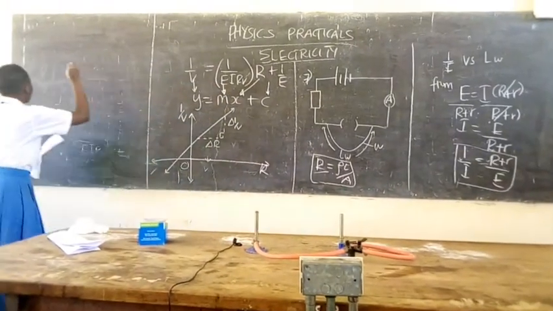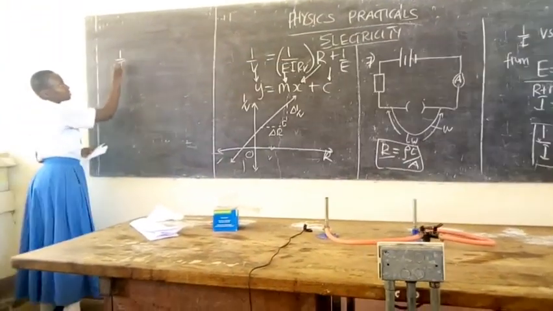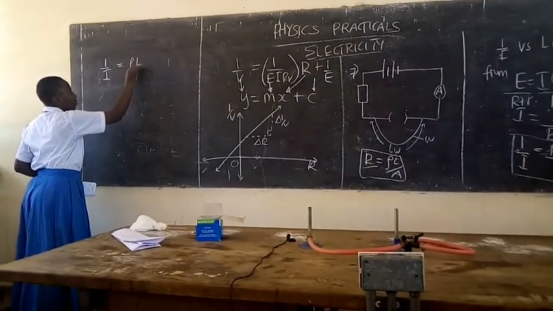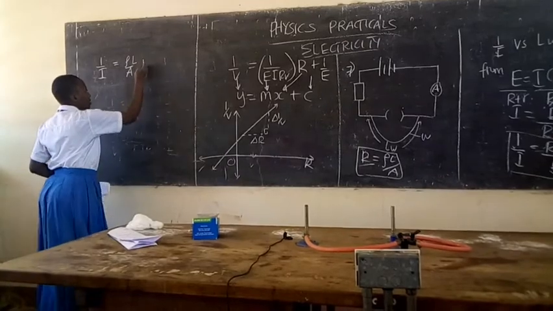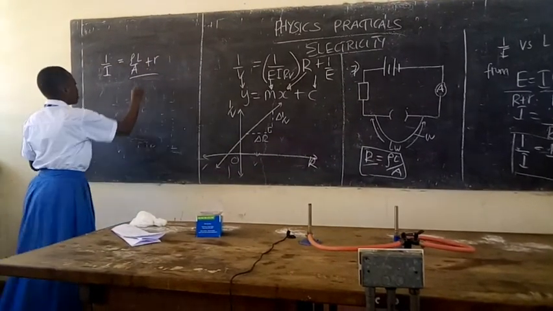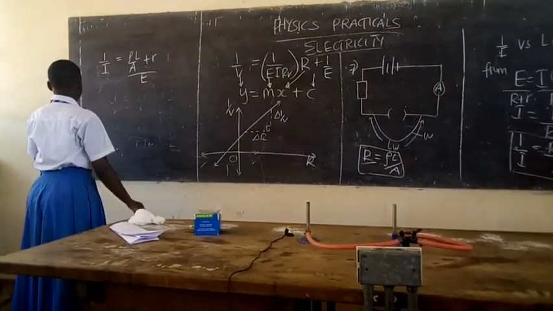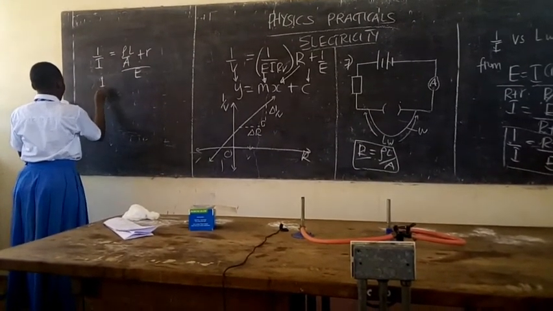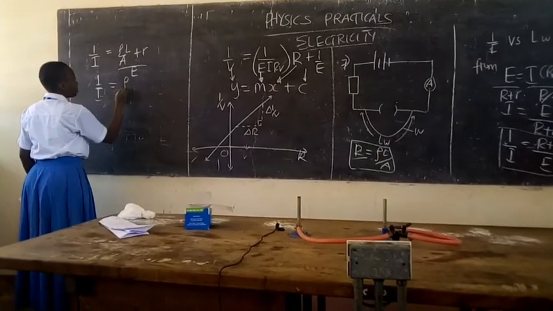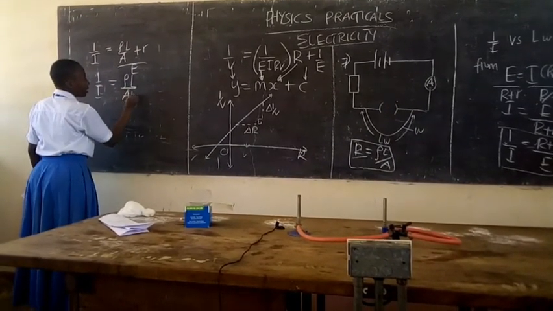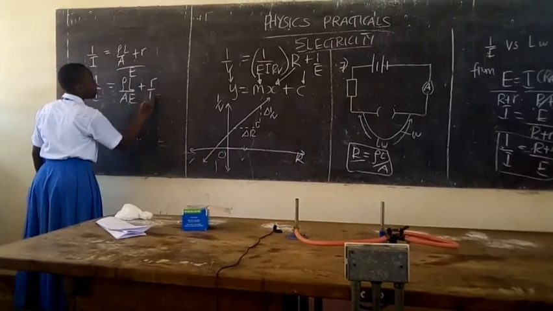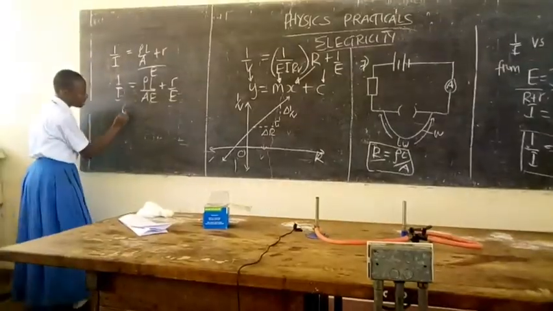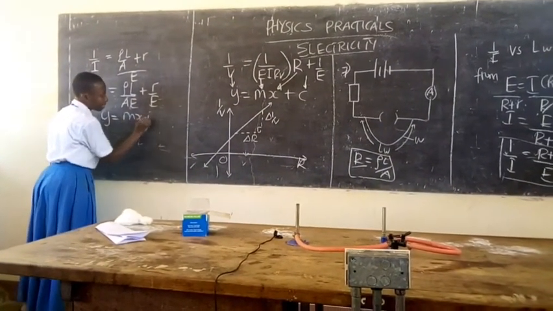Therefore, it will be 1 over I equals resistivity L over A plus r over E. Then 1 over I will be equal to resistivity L over A E plus r over E. I'll arrange it according to this equation here, y equals mx plus c.